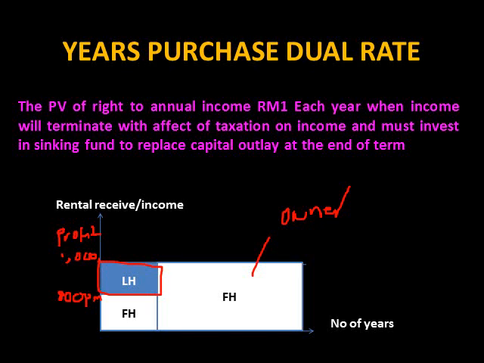That is for freehold property. However, this time we are going to learn the calculation of interest for leasehold property, for which we need to use YP dual rate, years purchase dual rate.